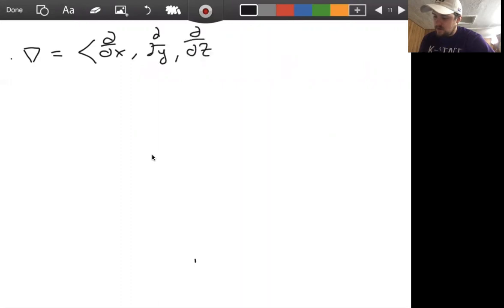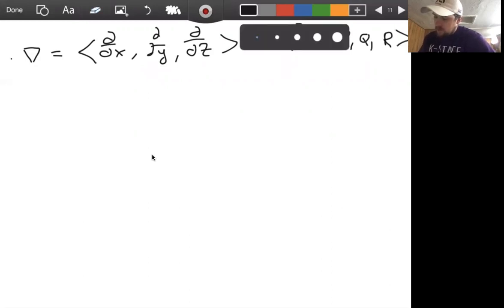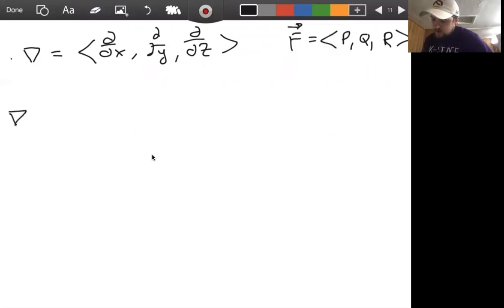If we set up, again, we have our operator nabla, that's the gradient operator, d/dx, d/dy, d/dz, and then we have our vector field F is P, Q, R. Well, the divergence was the gradient dot F. Let's see what the gradient cross F gives us.